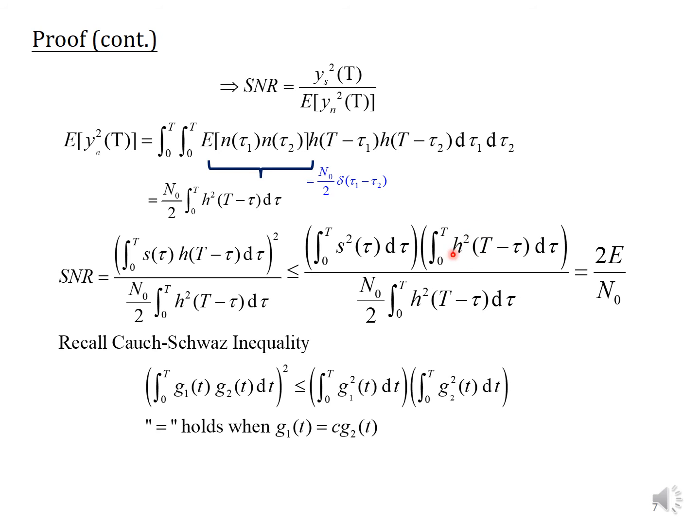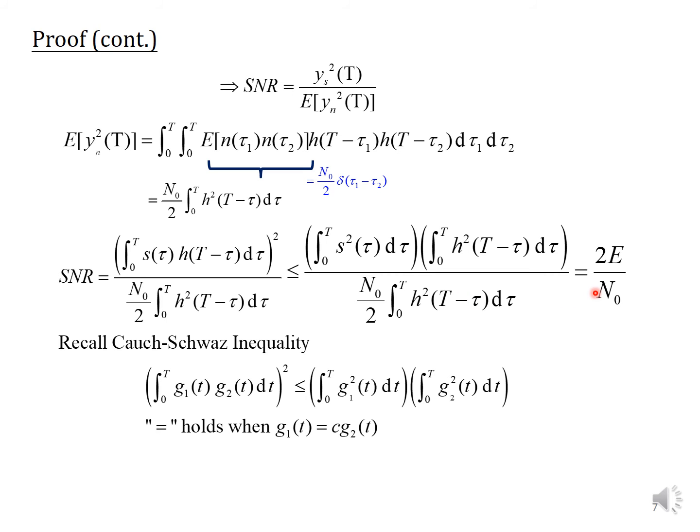This integral and this integral are equal, and this is the signal energy, E. So the upper bound of the maximum of the signal to noise ratio becomes 2E over N0. That would be the maximum of the SNR.